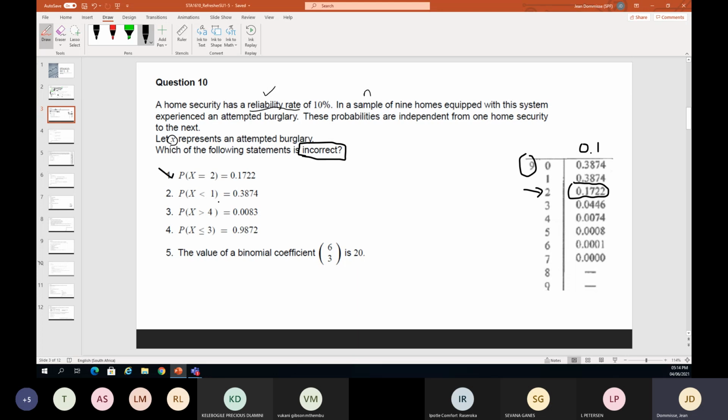Looking at X smaller than 1, what value are we going to look at in the table? We will be looking at 0. X smaller than 1 is basically looking at 0. If it was X smaller or equal to 1, we would have included the value of 1 as well. So just smaller than 1, it's only 0, so it's 0.3874. Again, correct.